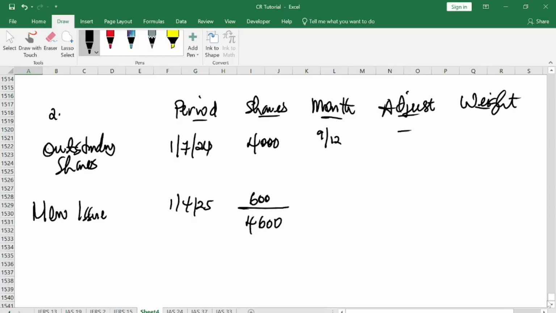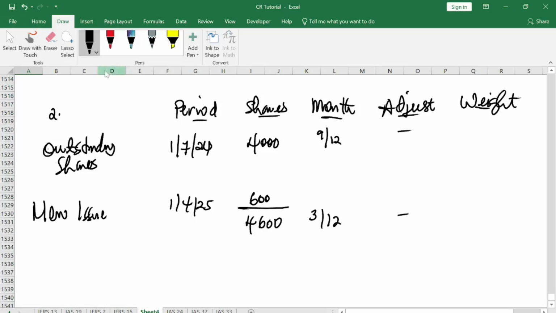And then the outstanding before the end of the accounting year, the rest is 3 months, because this one has already taken 9 months. So the rest will be 3 months to the end of the accounting year: April, May, June, because the accounting year ends on 30th June.